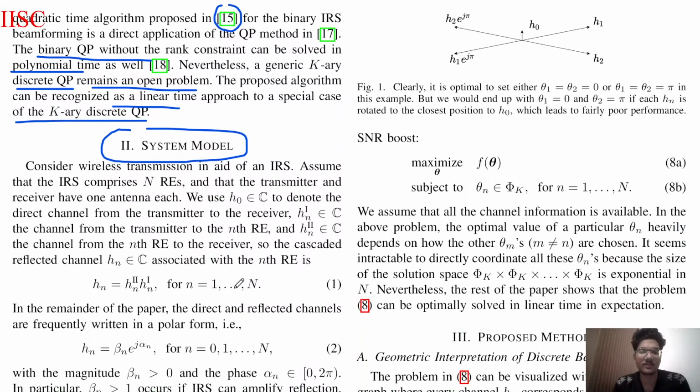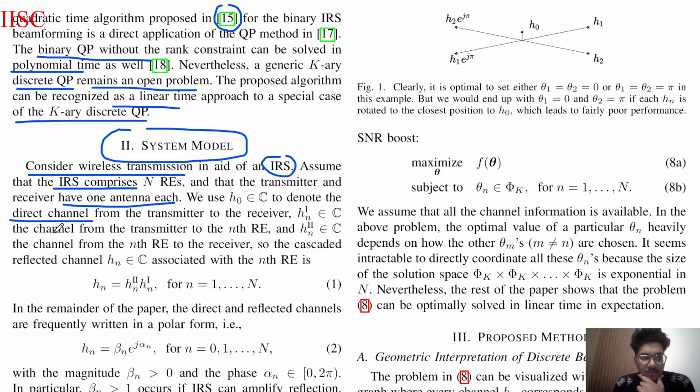Now we have to see the system model. Consider a wireless communication system aided by an IRS. Assume the IRS comprises N reflective elements, and the transmitter and the receiver have one antenna each. We use H naught as a complex number to denote the direct channel from the transmitter to the receiver.